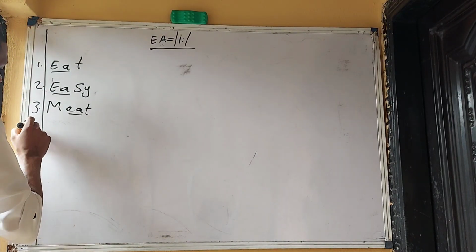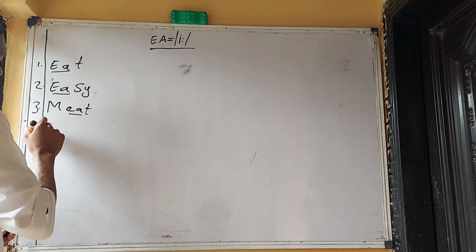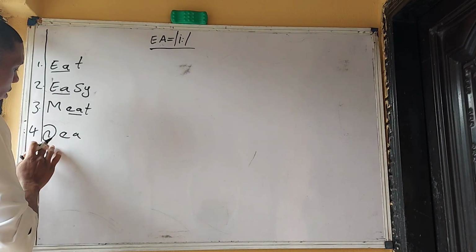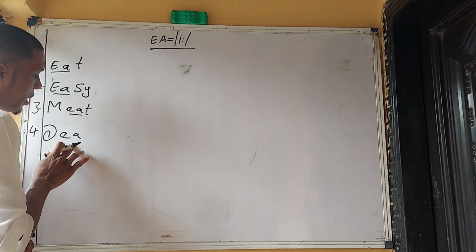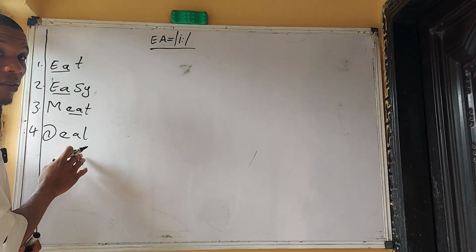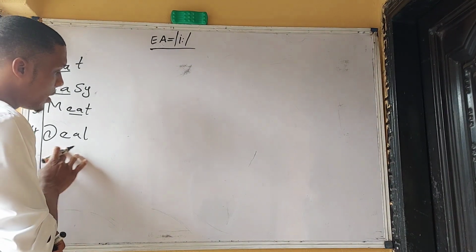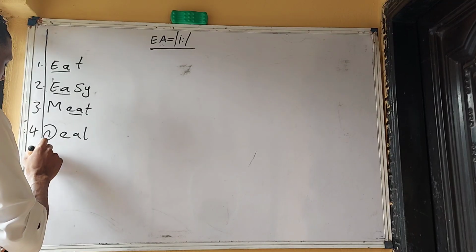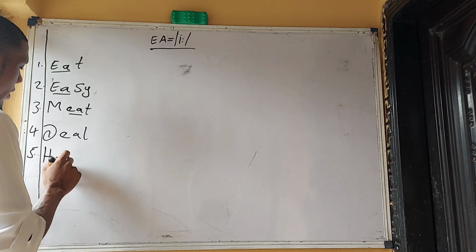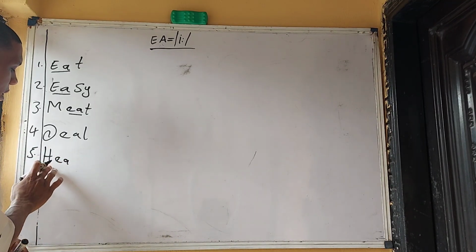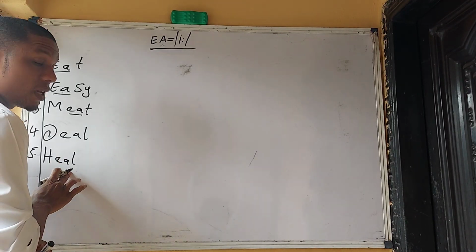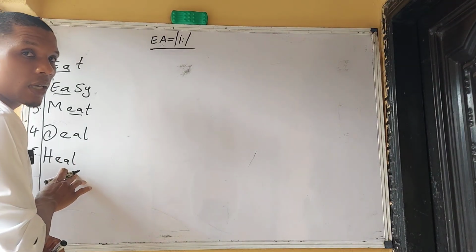So number 4, if EA is taking the E sound, if you add D to it, becomes D. If you add L to it, becomes deal. Deal. Number 5, H-E-A is he. We add L to it, becomes heal. Heal.